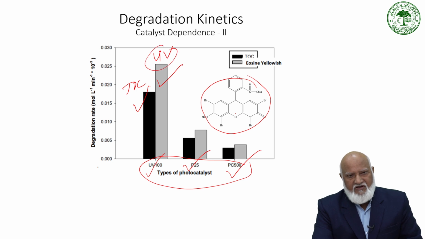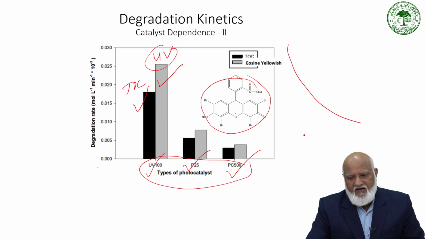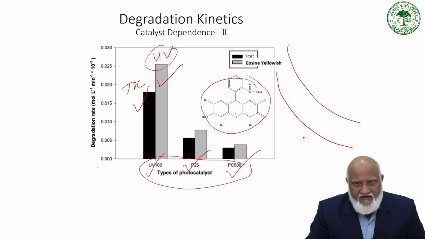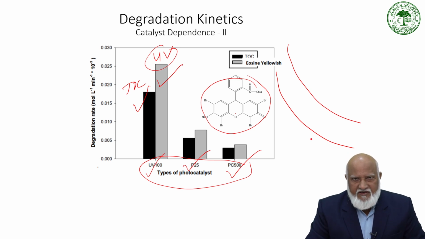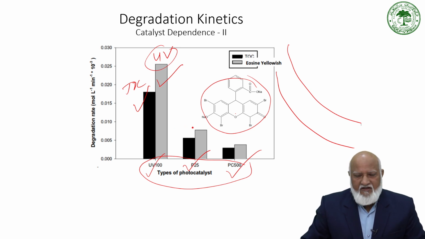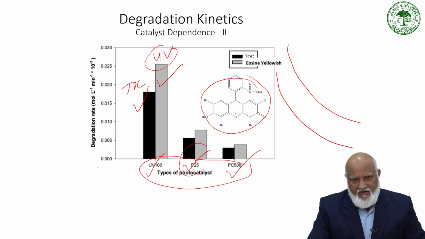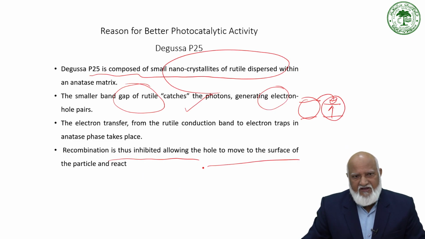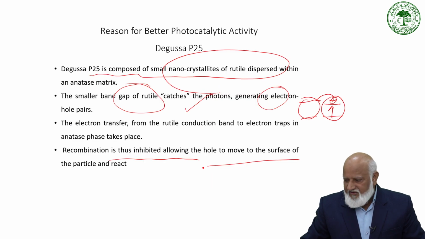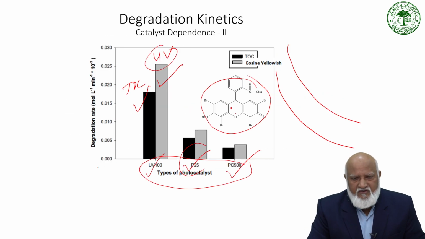UV determines the degradation, the decrease in color, and the other one determines the total organic carbon, the conversion of organic carbon to inorganic carbon, which means mineralization. So you can see P25 is better in the earlier case, whereas UV100 is better for this particular compound.